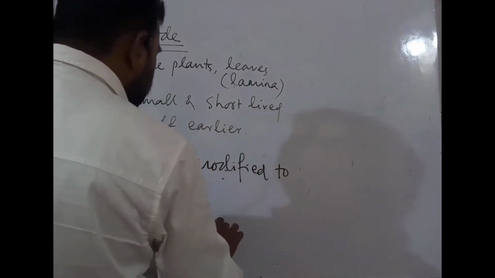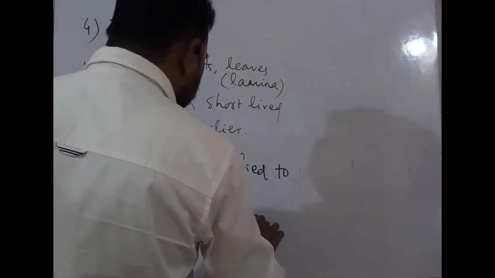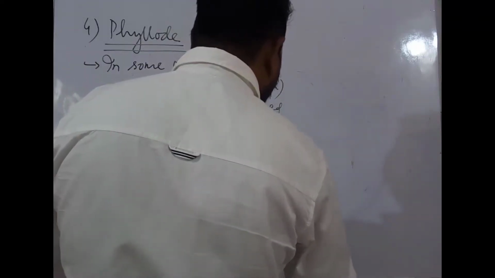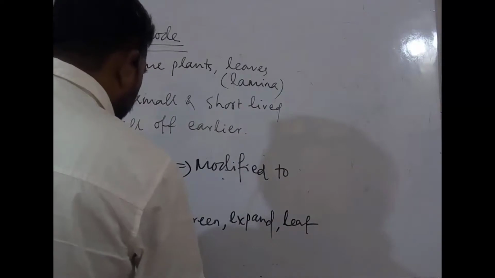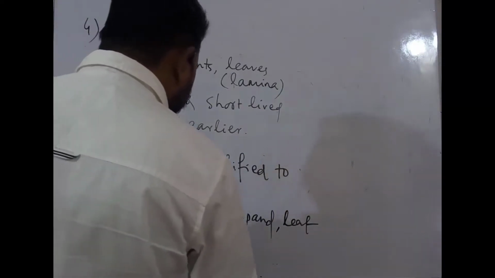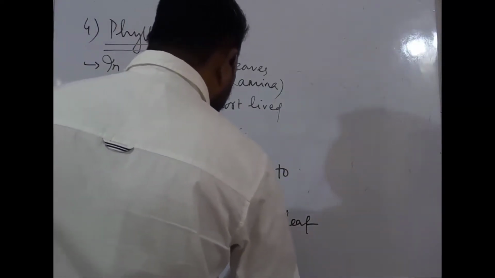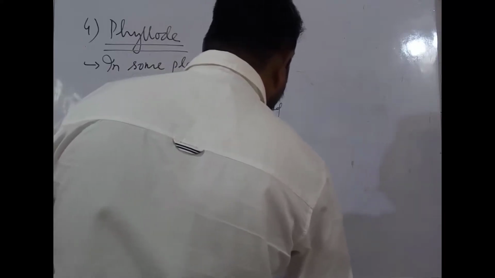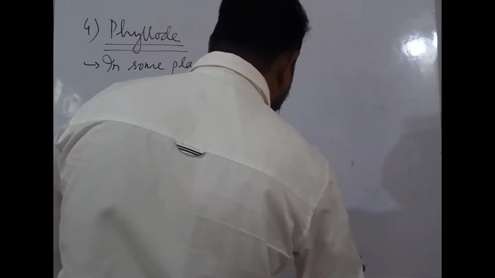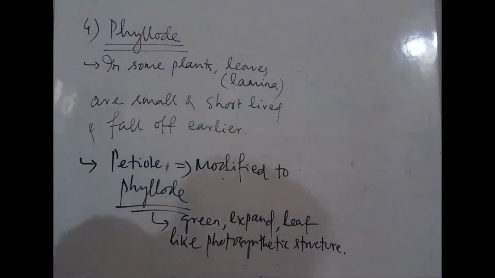A green expanded leaf-like photosynthetic structure. This one is called phyllodes.